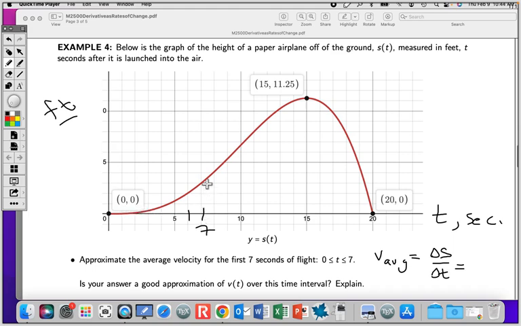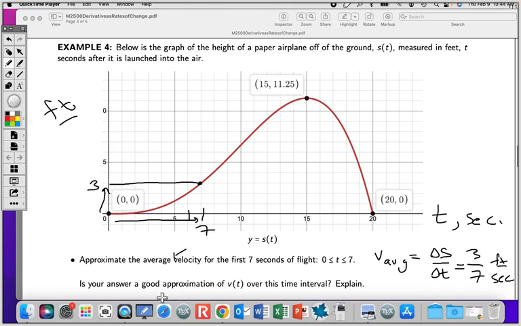We come up, if I estimate, 1, 2, 3. So it looks like we've gone 3 feet up in 7 seconds. So it's 3/7 feet per second. It's positive because we're rising, going into the air.